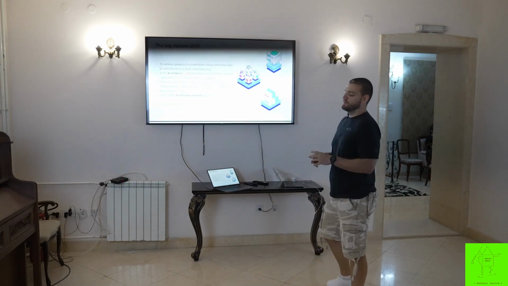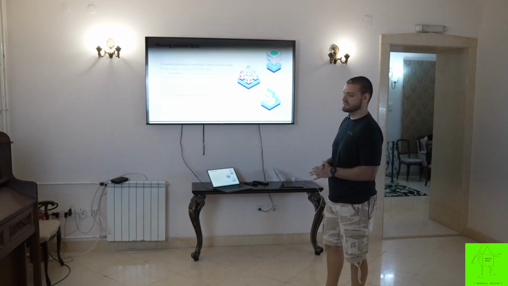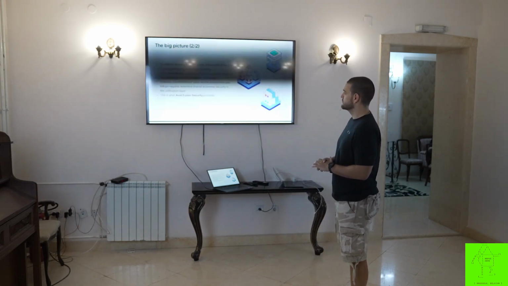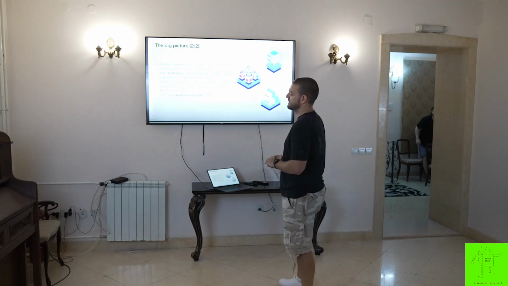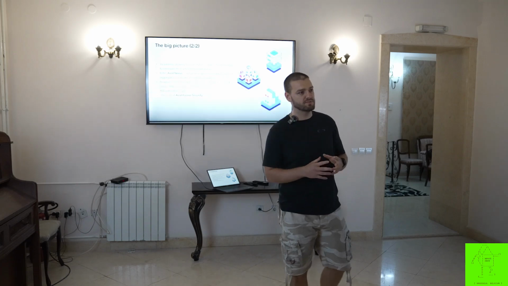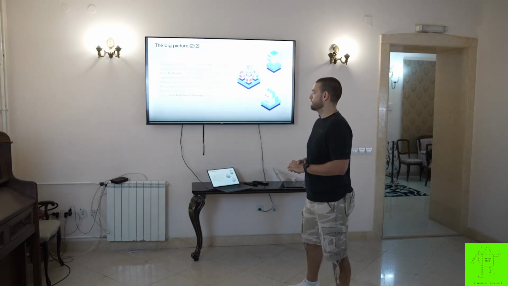Also, with the expansion of tens and hundreds of rollups in the ecosystem, we need to address the fragmentation in a way that we make interoperability possible between the various L2s that keep popping up.